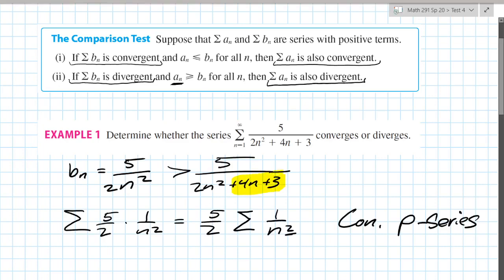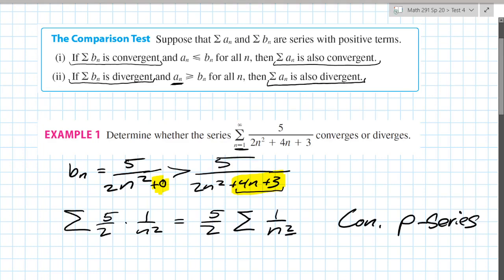If we're adding something to the denominator of a fraction, remember n is 1 or bigger, so 4n plus 3 is always going to be bigger than 0.